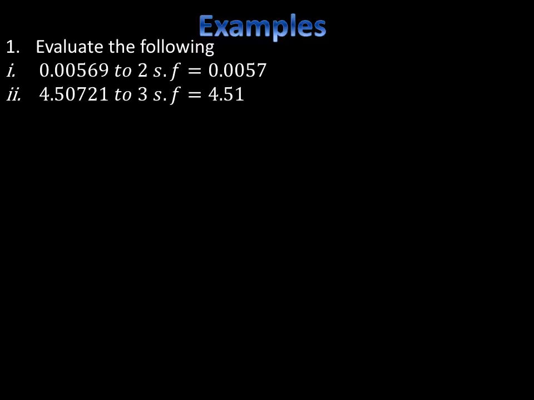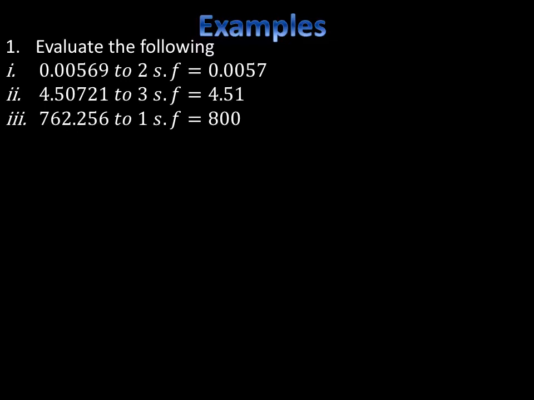The third question says 762.256 to 1 significant figure. Here we only need 1 digit. So 7 is the first digit, but what comes after 7 is 6, which is greater than 5.